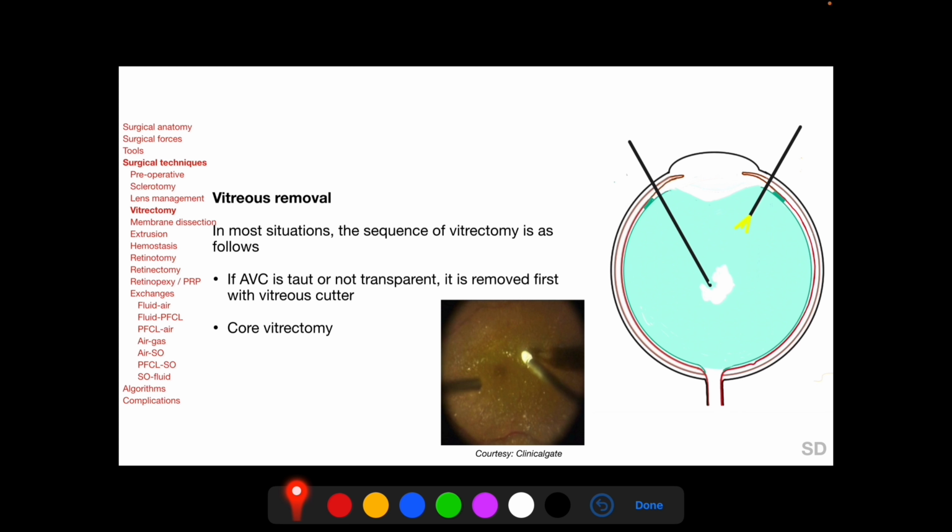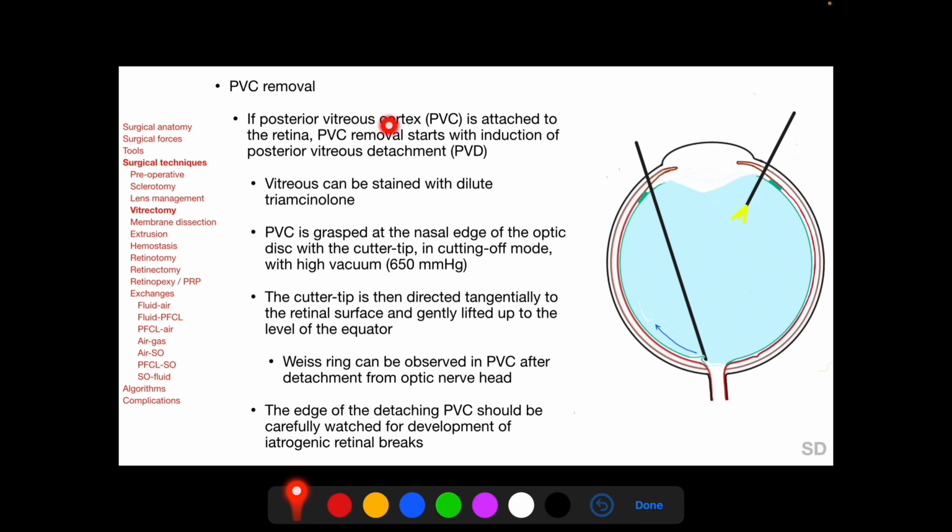And as we have mentioned, triamcinolone can be used to highlight vitreous during its removal, as seen here in this photograph. If posterior vitreous cortex is attached to the retina, posterior vitreous cortex removal starts with induction of posterior vitreous detachment or PVD, as shown here in this diagram.